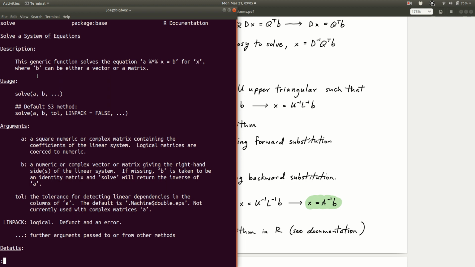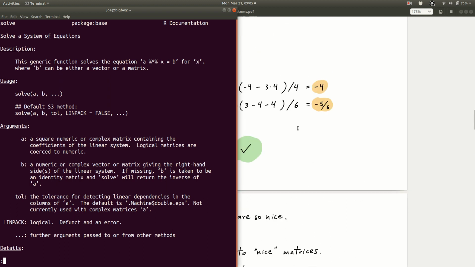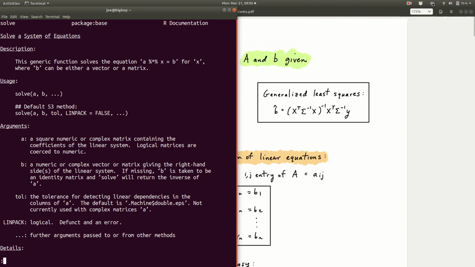We're looking at situations where B is a vector, but if B is an n by 3 matrix, for example, then you're getting the solution to AX equals the first column, and separately the solution to AX equals the second column, and separately the solution to AX equals the third column. That's exactly what you're doing in generalized least squares. So in this case, we're doing multiple solutions here because X is a matrix.